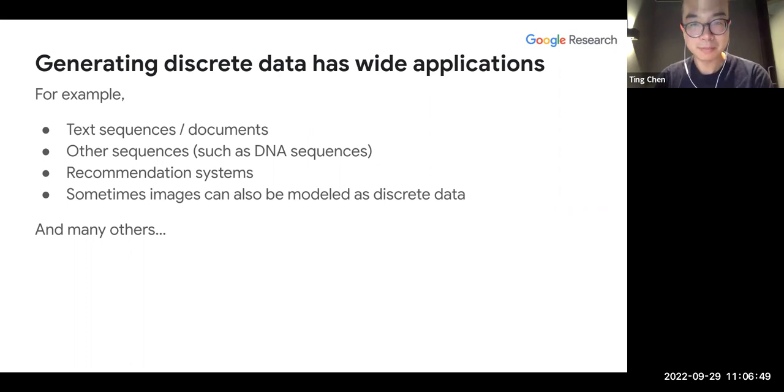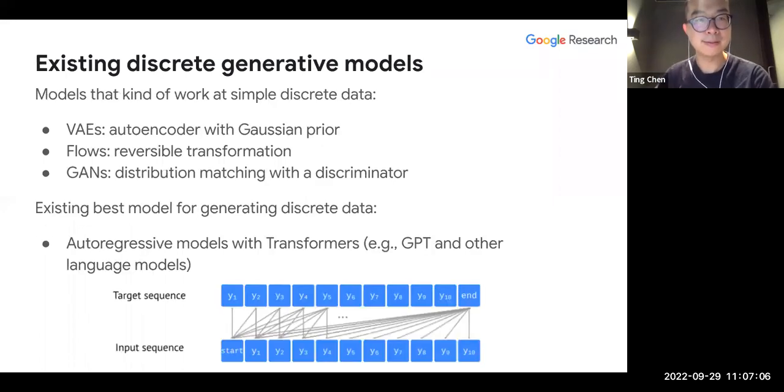Sometimes even images can also be modeled as discrete data if we apply some kind of discretization, and then many others. So if we have an approach that can model discrete data well, then we can definitely have a lot of useful applications with it.